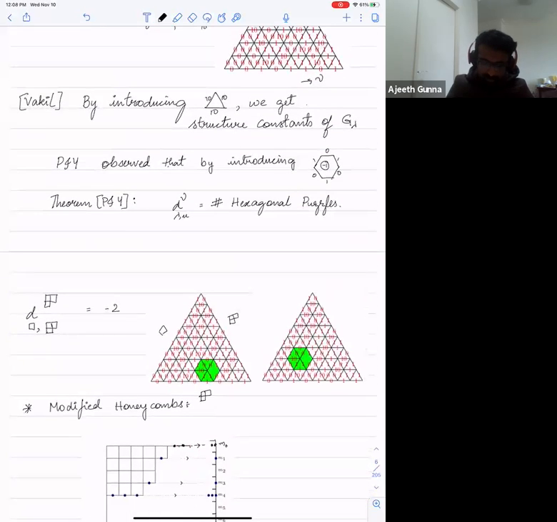So here's an example. This coefficient is -2, and these are the two corresponding pictures of it. Every time you have a hexagonal piece, it picks up the weight of -1, so -1 plus -1 is -2.